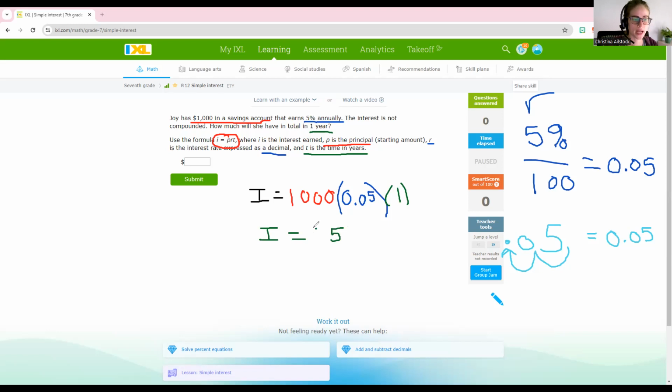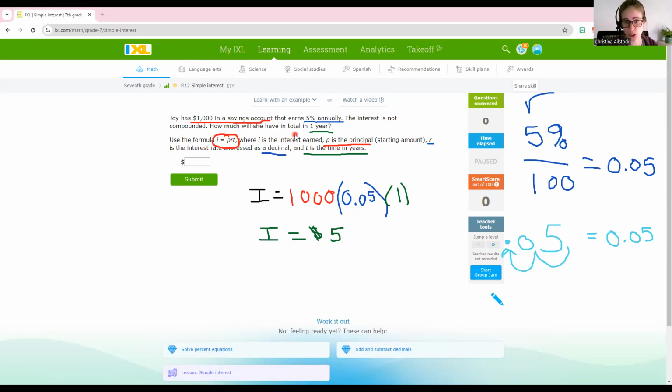Now, let's go back and reread our problem because I'm not quite sure. I don't remember. Do we need to just find the interest, or do we want to find the total amount of money that Joy is going to have in her savings account? So if I read this last part here, how much will she have in total in 1 year? So it's asking for the total.